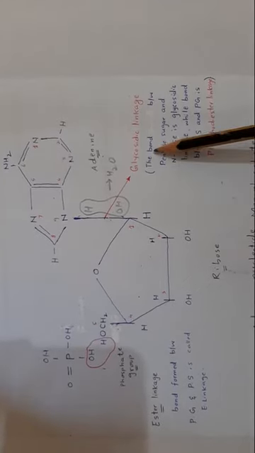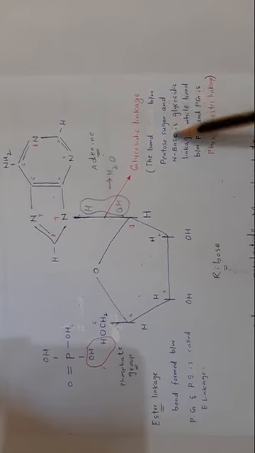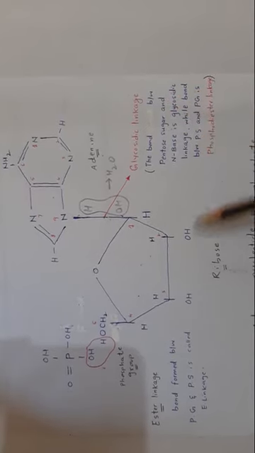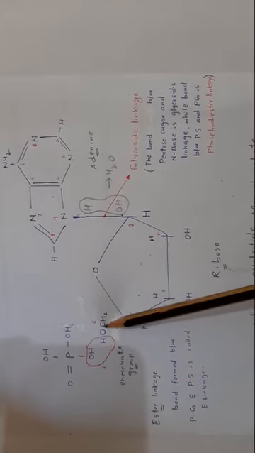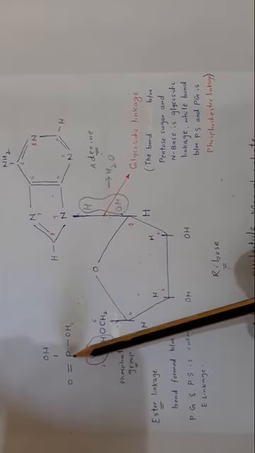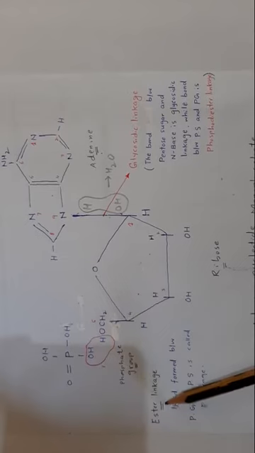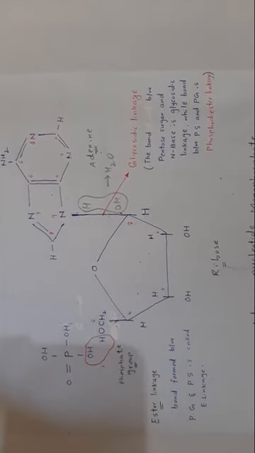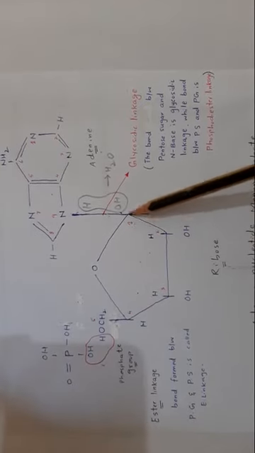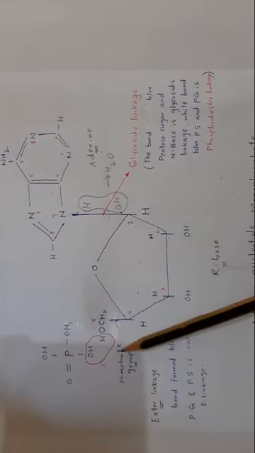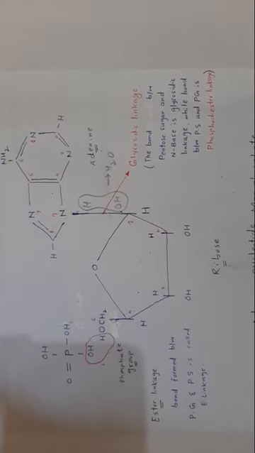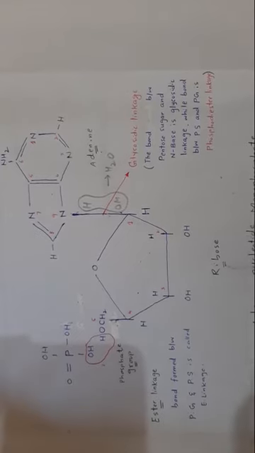The bond between pentose sugar and nitrogenous base is called glycosidic linkage, while the bond formed between pentose sugar and phosphate group is known as ester linkage. So in a nucleotide, the nitrogenous base is attached to carbon number 1 of the pentose sugar, while the phosphate group is attached to carbon number 5 of the pentose sugar, right?